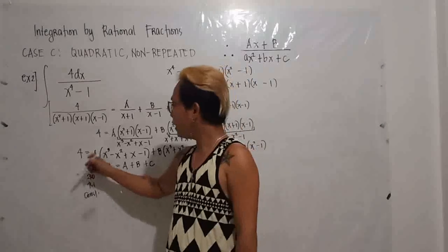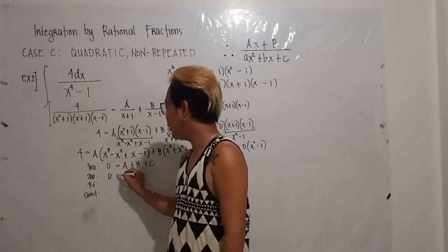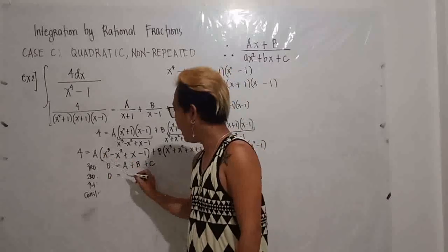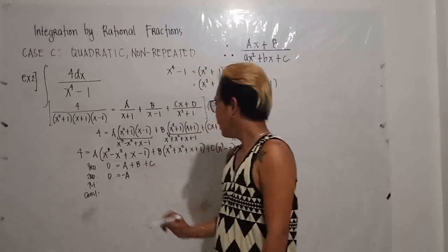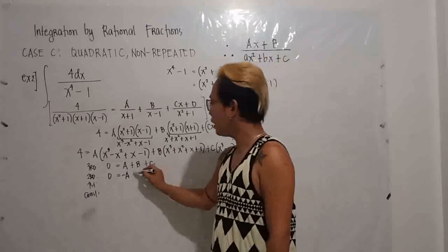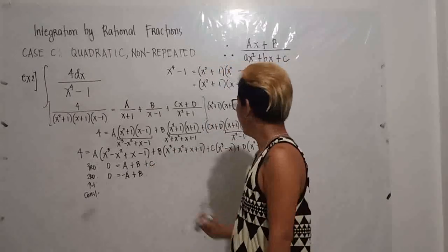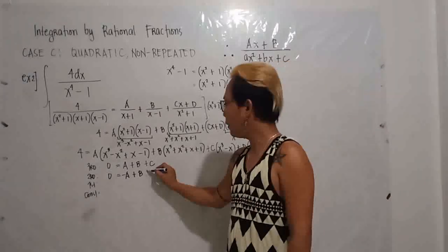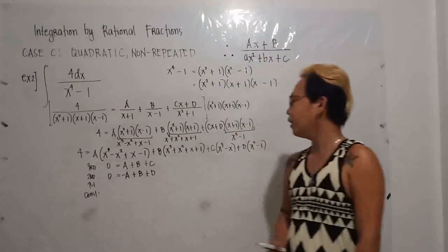Then pagdating sa second degree, wala pa rin tayong second degree doon. Then the second degree here is negative A. Second degree here is positive B. Second degree kay C, wala. Pagdating kay D, meron, that is plus D.